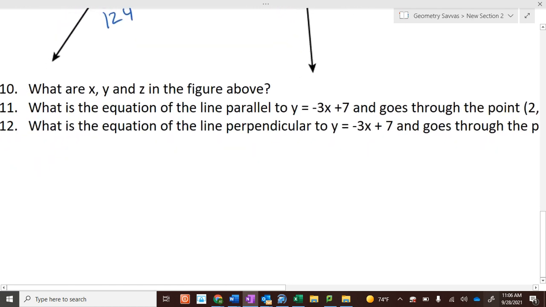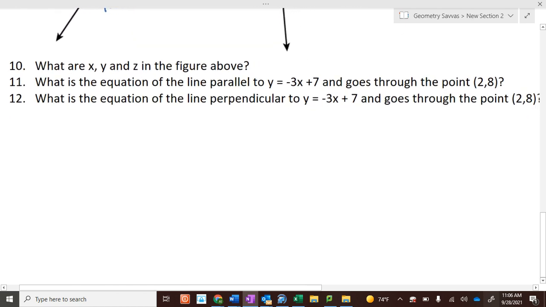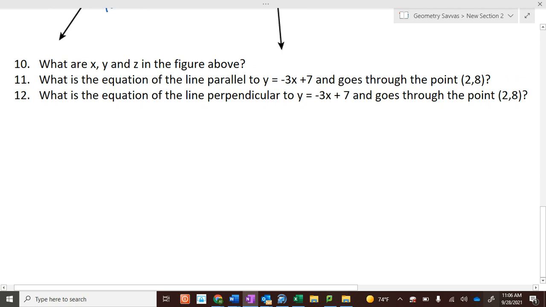All right. Okay. Number 11. What's the equation of the line parallel to y equals negative 3x plus 7 and goes through the point (2, 8)? Y equals mx plus b, right? So y equals negative 3x plus b. So what's x and y? So 8 equals negative 3 times 2 plus b.